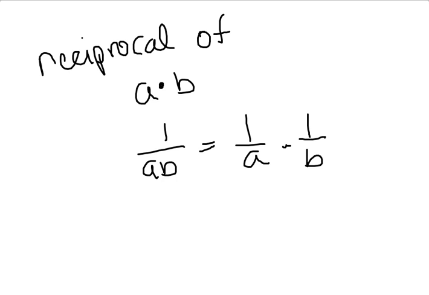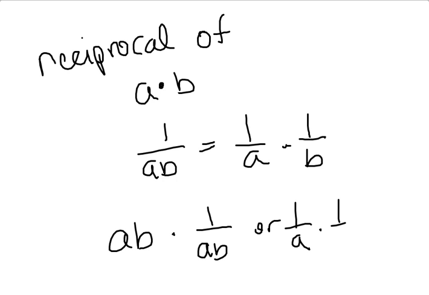So I can split that up, and sometimes it's going to be easier to split that up, and you'll see why when we do some examples today and then when we do some examples in class. So the reciprocal of AB is 1 over AB, or 1 over A times 1 over B. Either way, when I multiply them, I'm going to get 1.